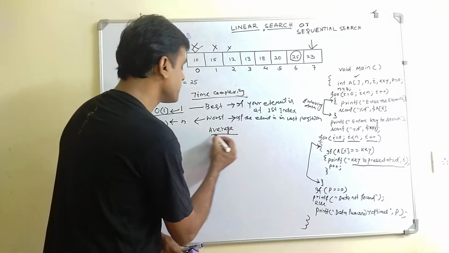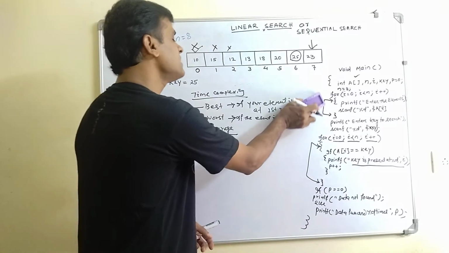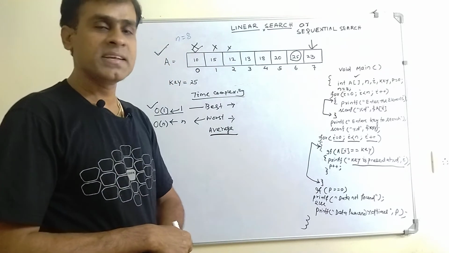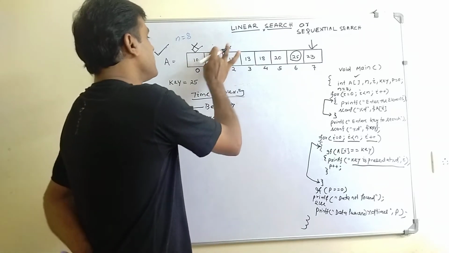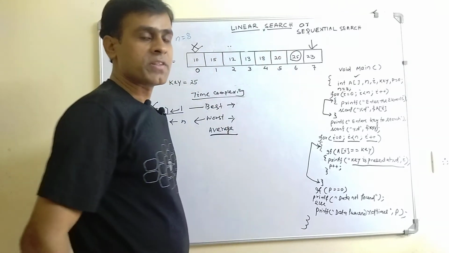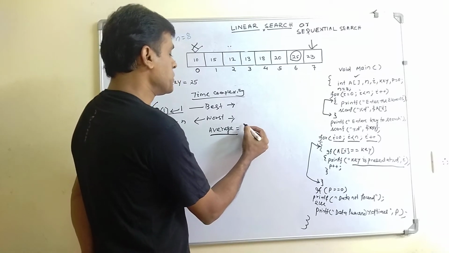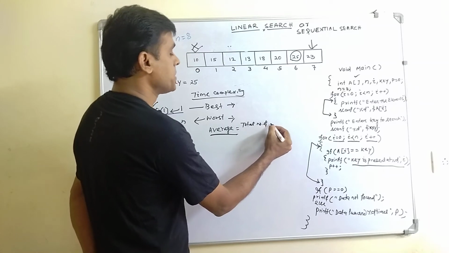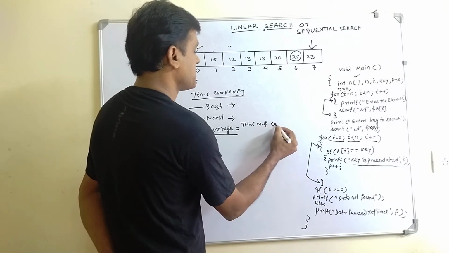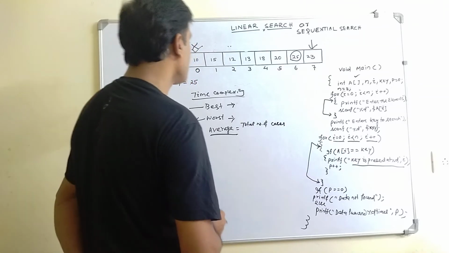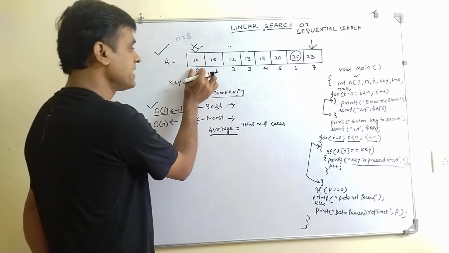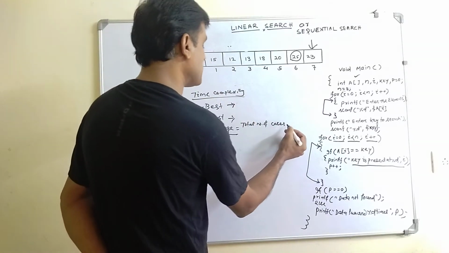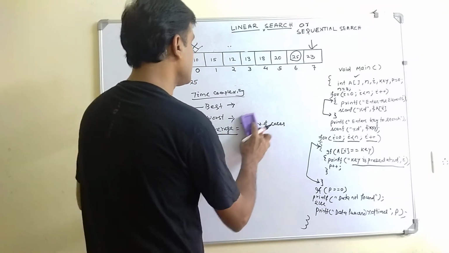Now the third case comes, and many students have the doubt: what is average? How could we take the average case? Average case means, if your element is present here or here or here, you cannot know. That is why the average case is the time taken for each case divided by the total number of cases. Total number of cases means the element could be present at 0 or 1 or 2 or 3.